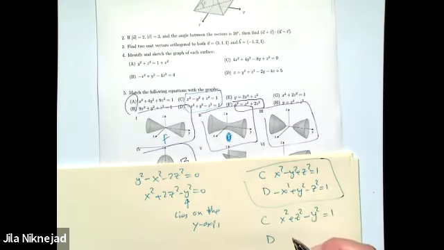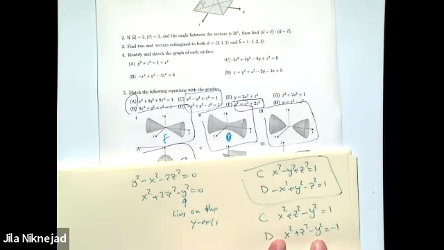So I multiply everything by a negative sign: x squared plus z squared minus y squared equal to negative 1. Now, that one is the hyperboloid of one sheet. This one is the hyperboloid of 2 sheets.